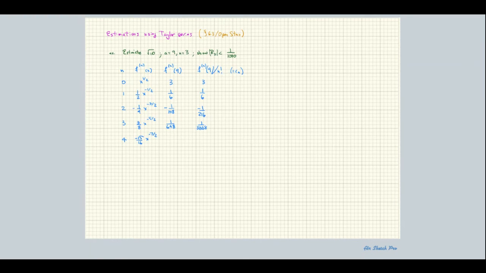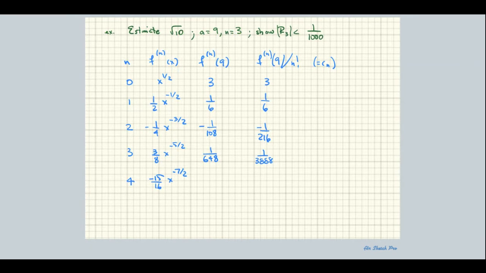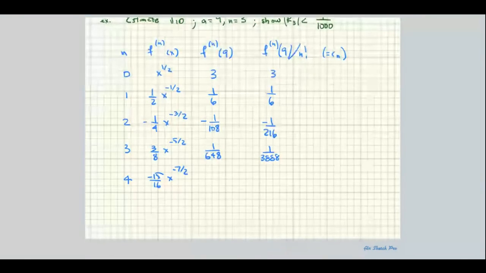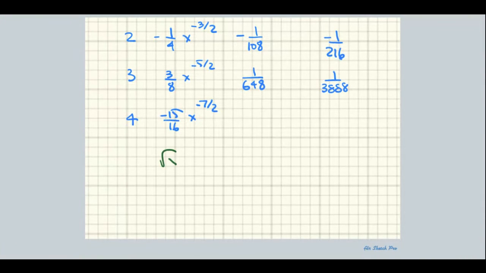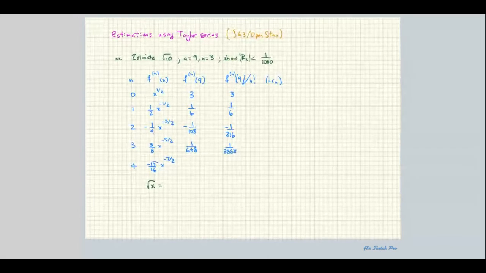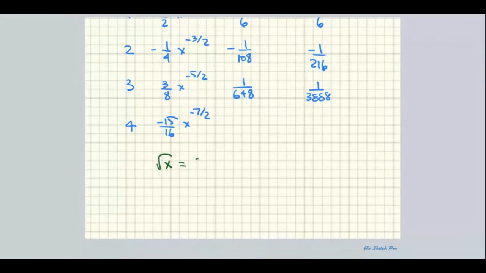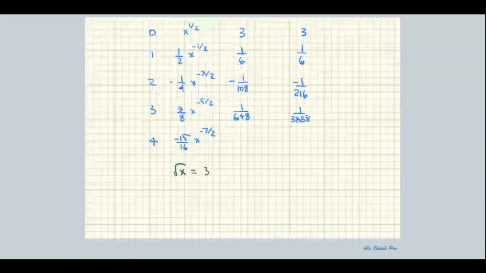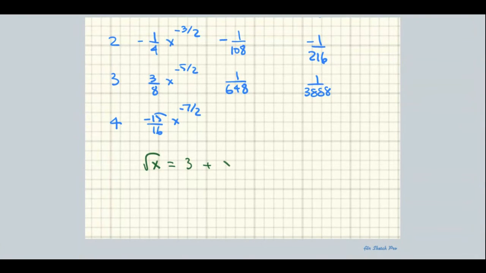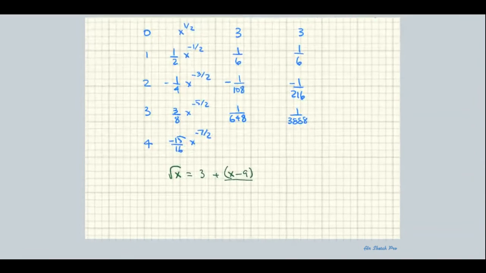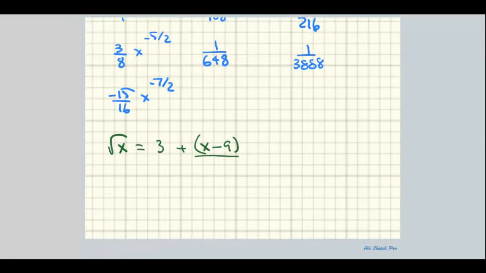So now what I have here is that the function itself, root x, is equal to C0, 3, plus C1 at 9, x minus 9 over 6, yes?